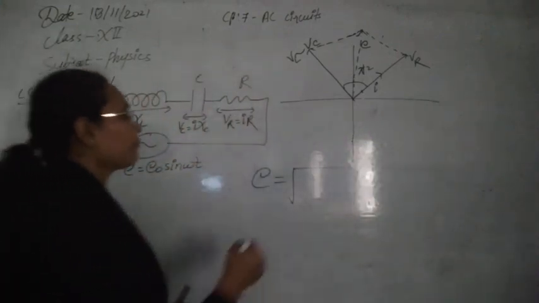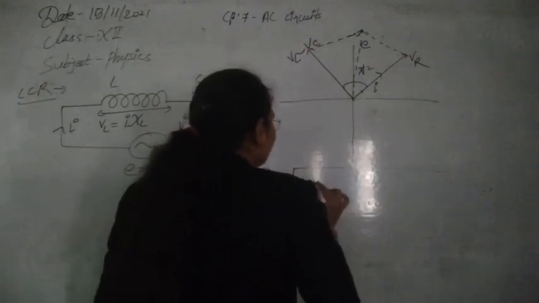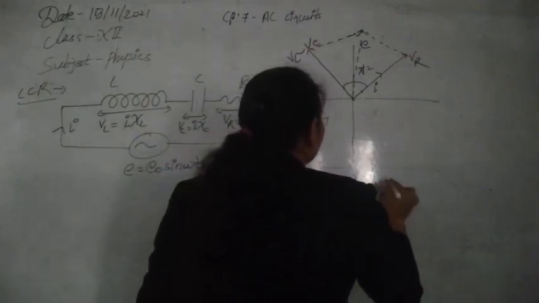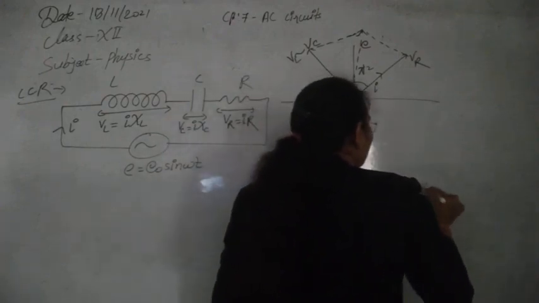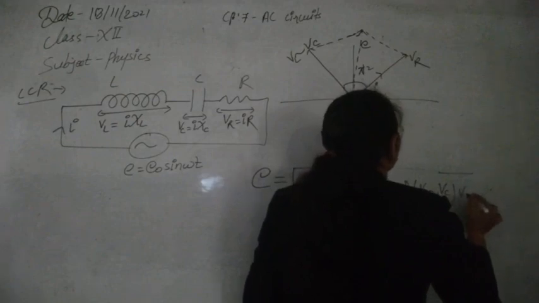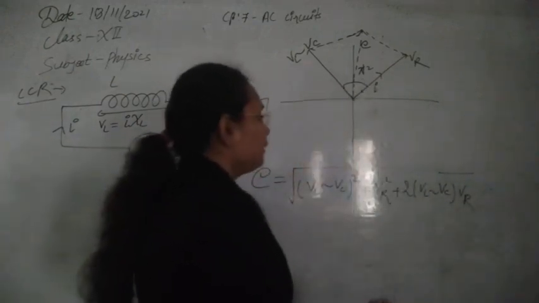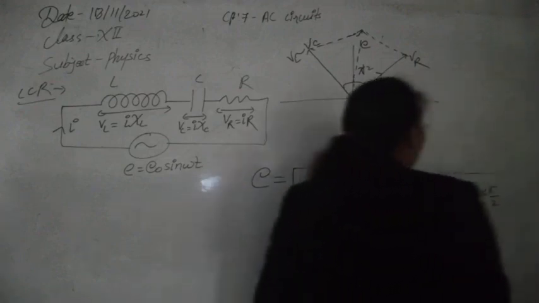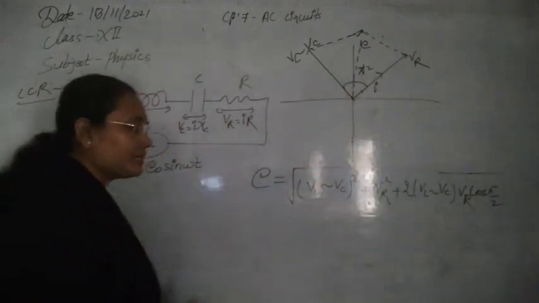Its value will be E squared equals VL minus VC whole squared plus VR squared plus 2 times (VL minus VC) into VR into cos of the angle between them, that is pi by 2. As this angle is pi by 2, that term will be 0.